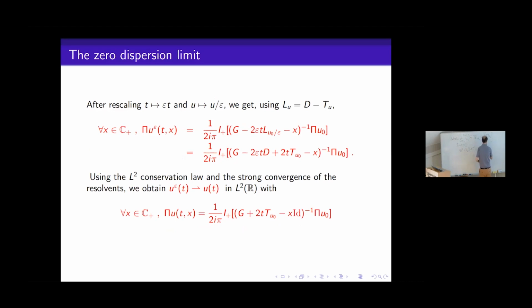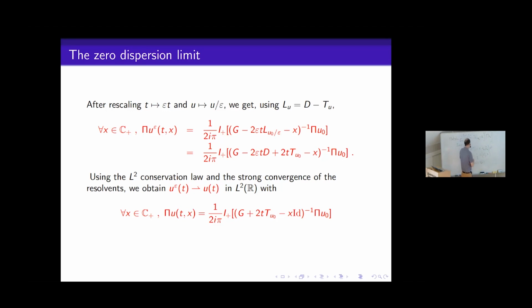So you can easily find that u_epsilon(t,x) is just 1 over epsilon v(epsilon t, x), where v is the solution of Benjamin-Ono with data v(0,x) equals u0.